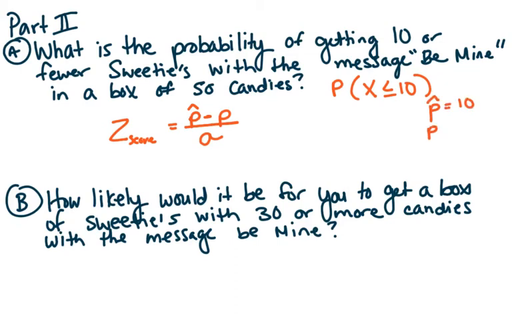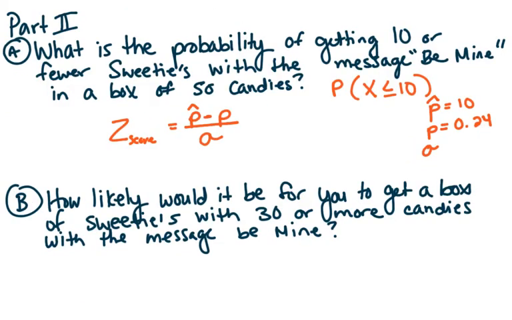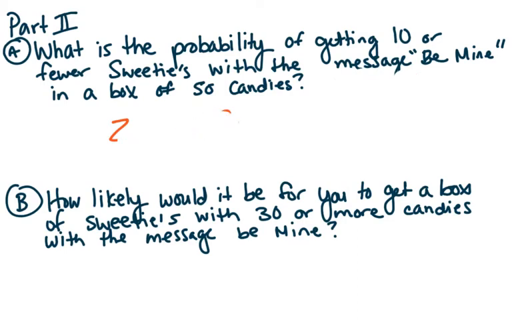My p is 0.24 still, so this is still from the last part. And then we found our standard deviation already, so I'm going to go back and look at that.